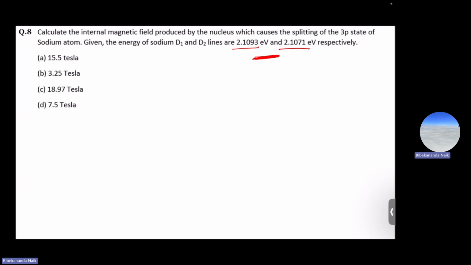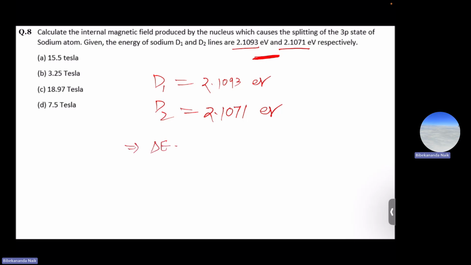So now what is the difference in the energy? D1 is 2.1093 eV and D2 is 2.1071 eV. Now these D1 and D2 lines come into picture due to the consideration of electron spin. One is spin up, another is spin down. So what will be the energy difference?